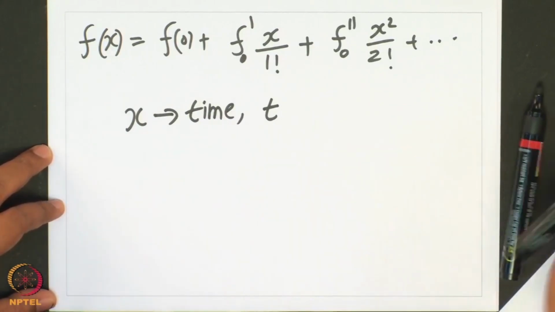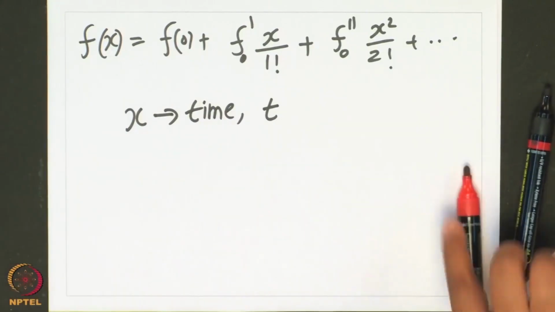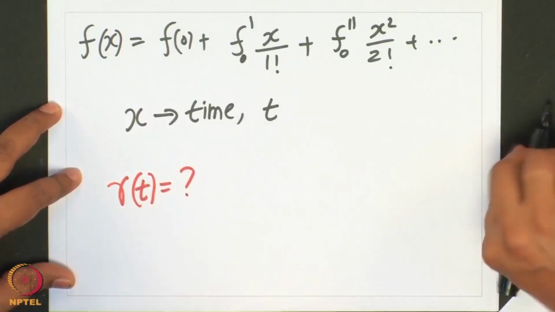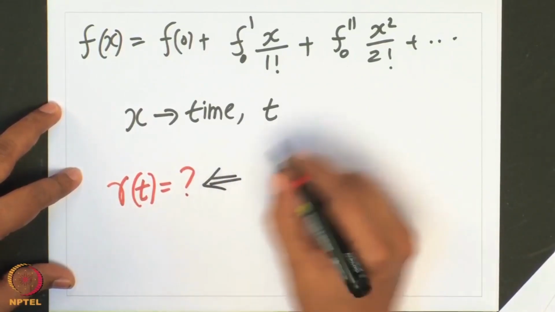So let us say what we want. We want to know the position of a particle. Many things are moving. If you want to know the position of a particle at any time t, let us write r of t. This is what I want to know. What is r of t?